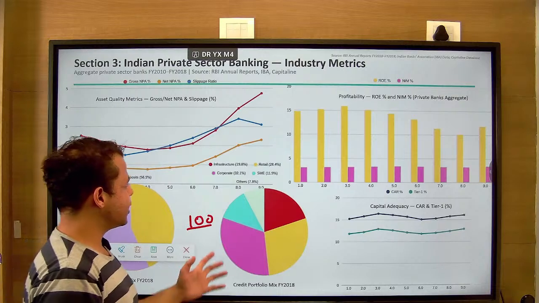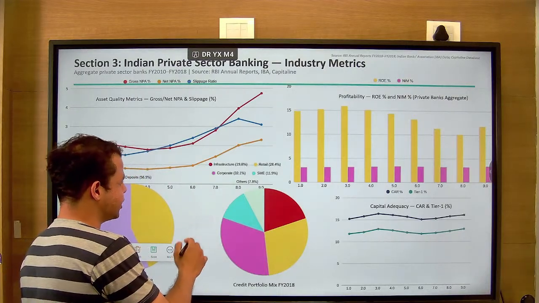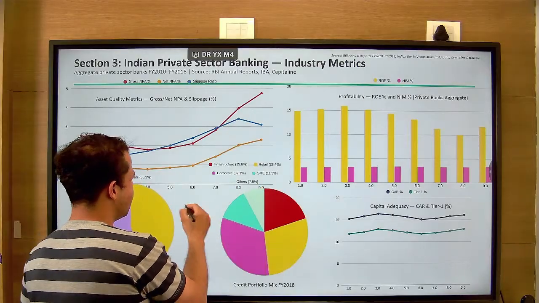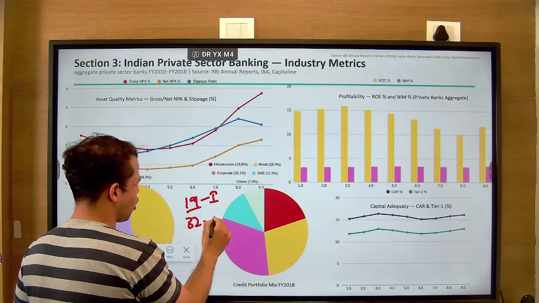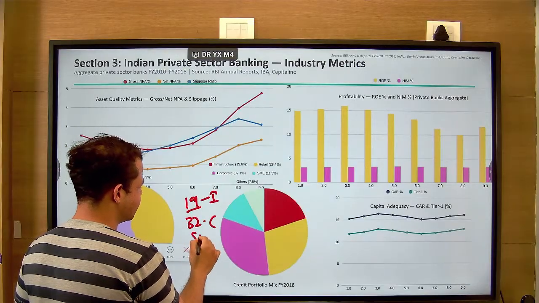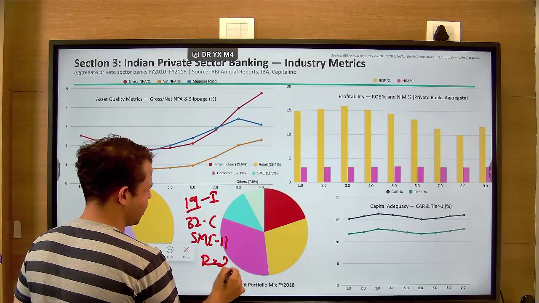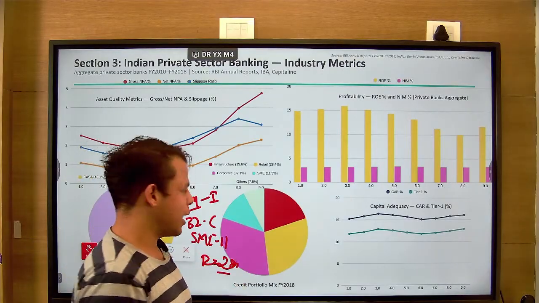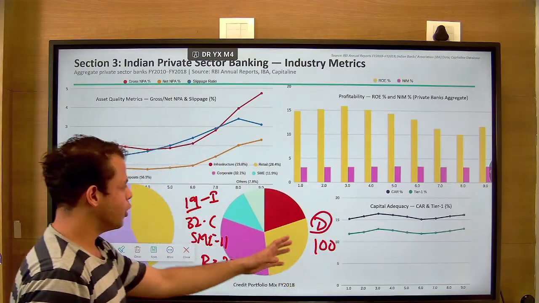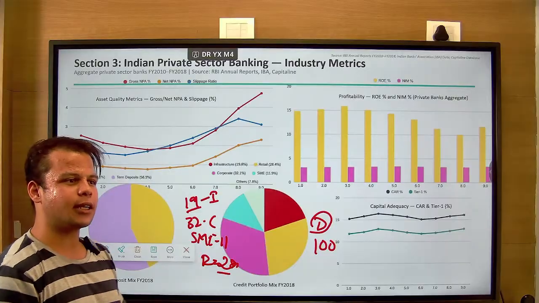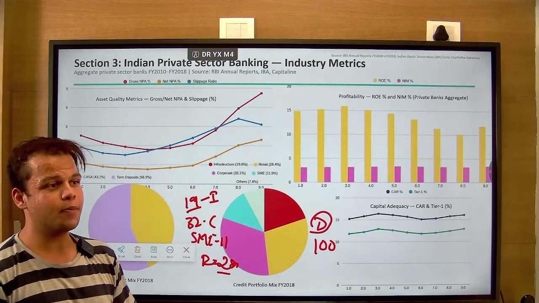In our case, ABC Bank, we are taking ABC Bank as an example, where 100 rupees is distributed in this ratio. 19 rupees will go to infrastructure, then 32 to corporates, SMEs will be given around 11 rupees, and retail around 28. If ABC Bank gets a deposit of 100 rupees, then this amount will be distributed in such a way that it could get the money recovered from these different categories.